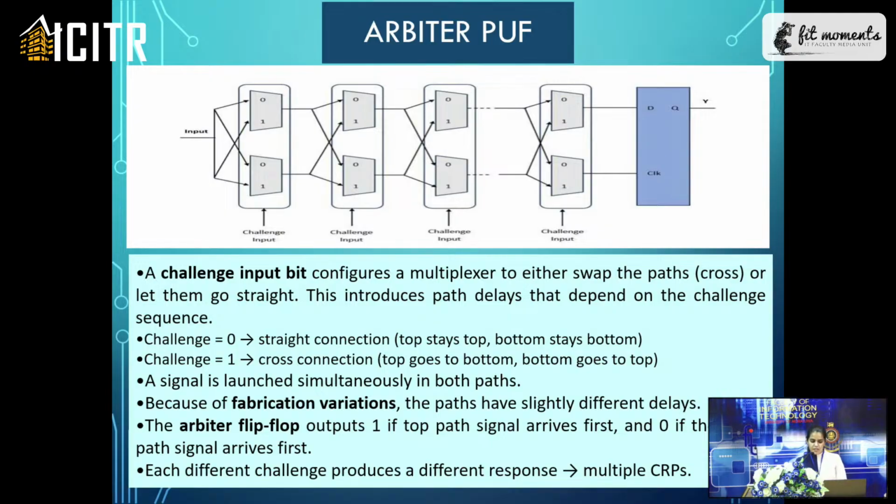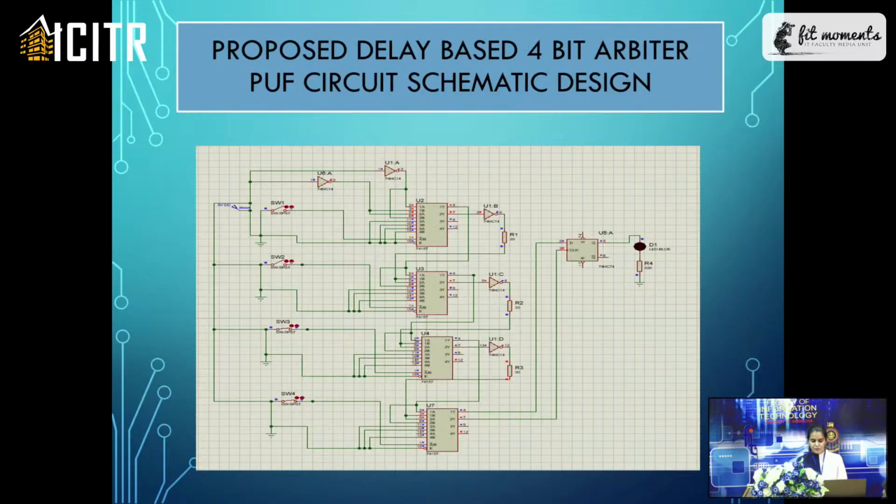Because of the fabrication variations, both paths will have slightly different delays, and at the end there is an arbiter flip-flop. If the top path is faster, the output will be 1, otherwise the output will be 0. So each challenge produces a different response, and from those we can get multiple challenge-response pairs.